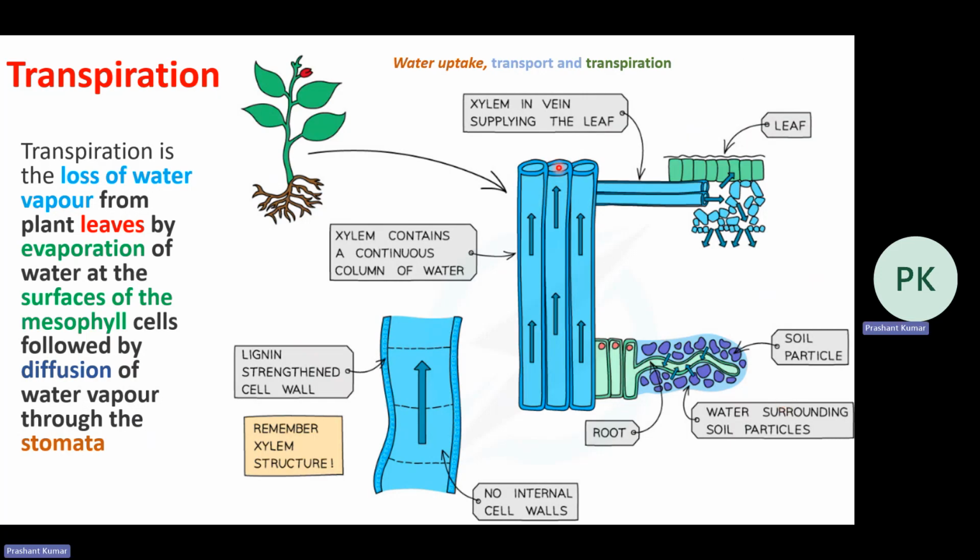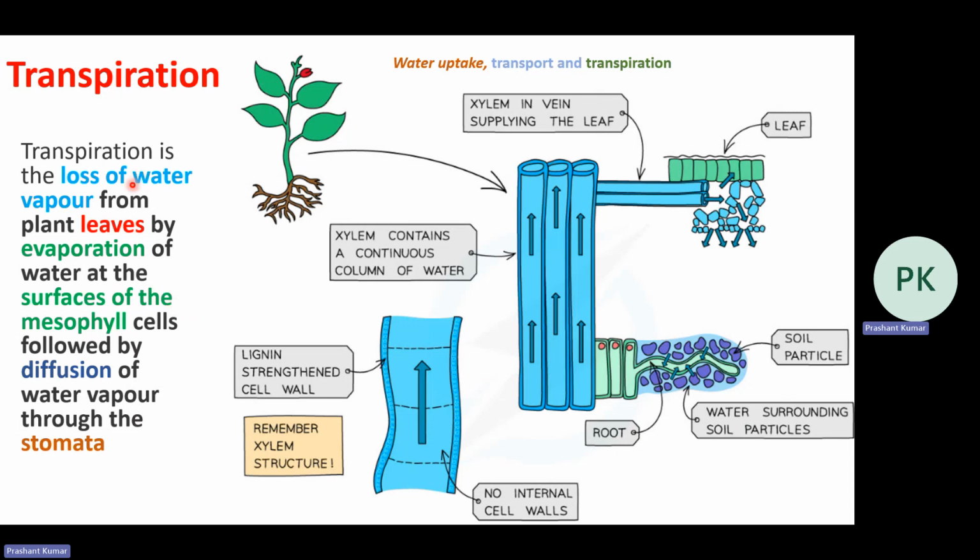Now, what is transpiration? Transpiration is the loss of water in the form of vapor from the plant leaf by evaporation of the water at the surface of the mesophyll cells, followed by diffusion of water vapor through stomata. This definition is quite lengthy, so let's make it concise in terms of what is happening.